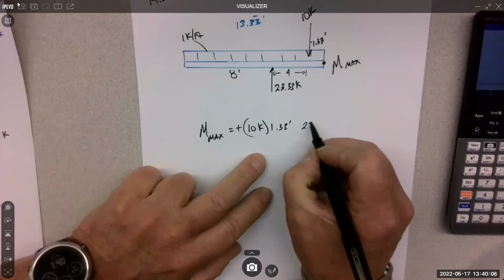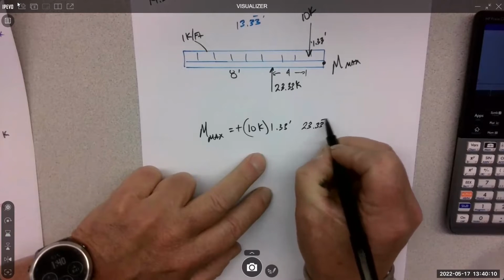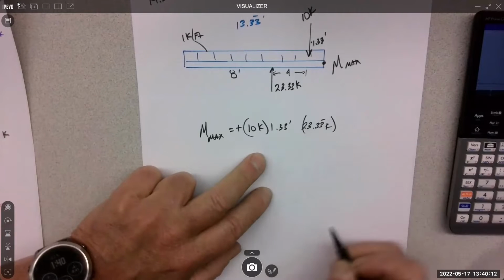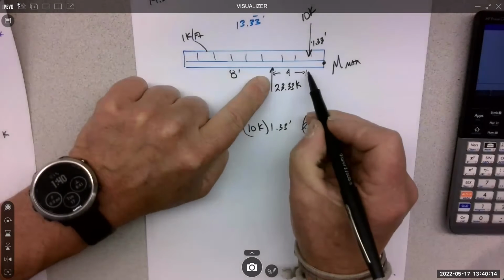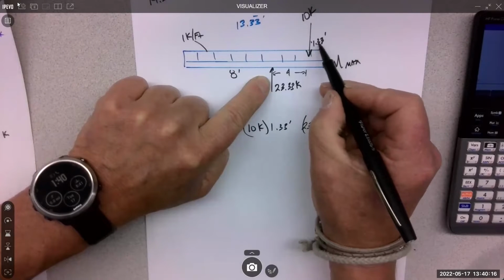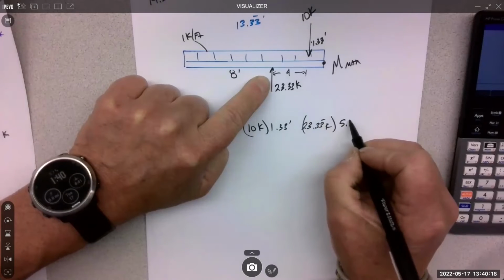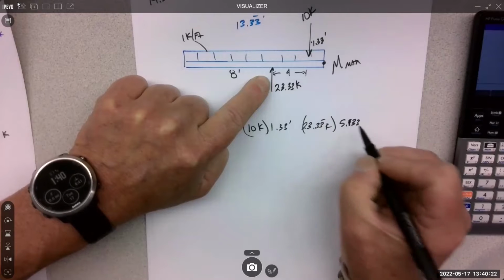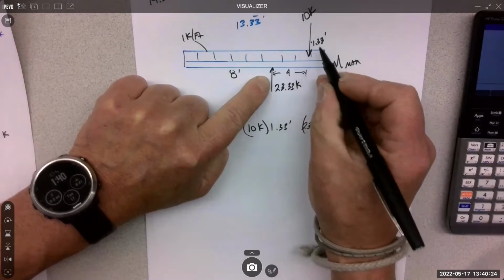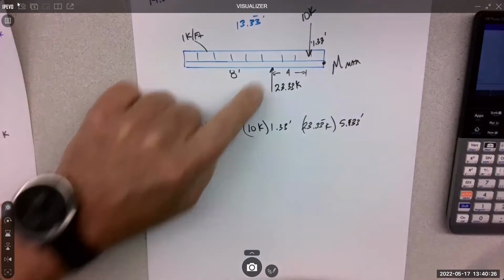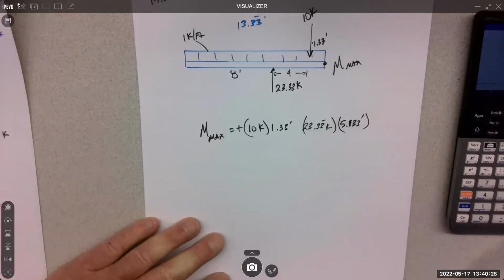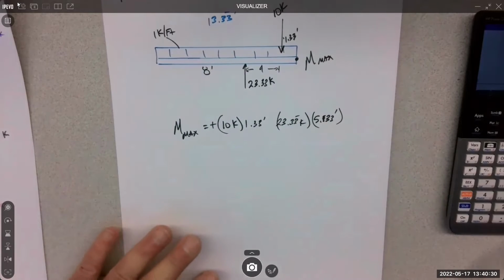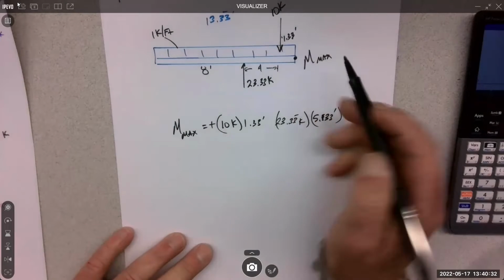So we have the 23.33 K times 4 plus 1.33. So 4 plus 1.33 is 5.33 feet. Okay, and that is rotating clockwise.